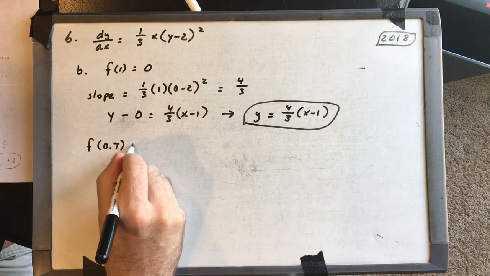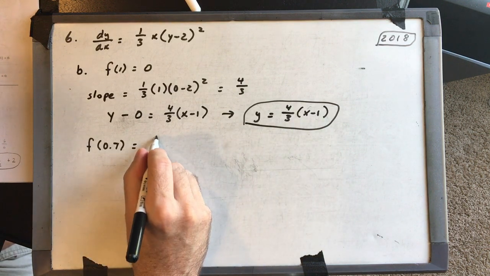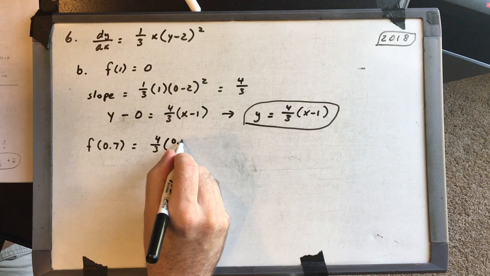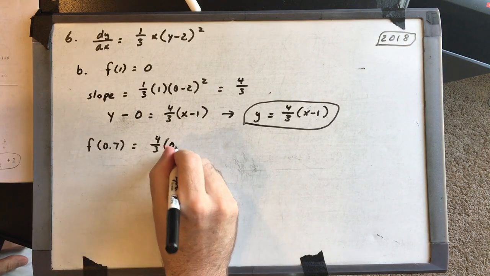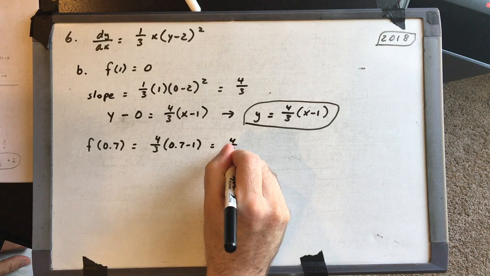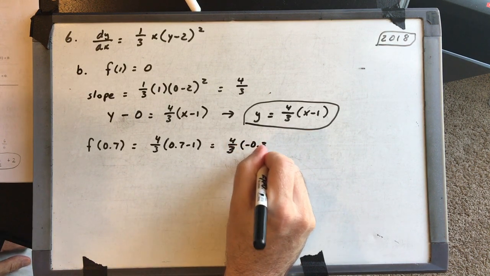Well, all you're going to do is plug 0.7 in for x. So that's 4/3 times 0.7 minus 1. So that's 4/3, sorry about that, times negative 0.3.